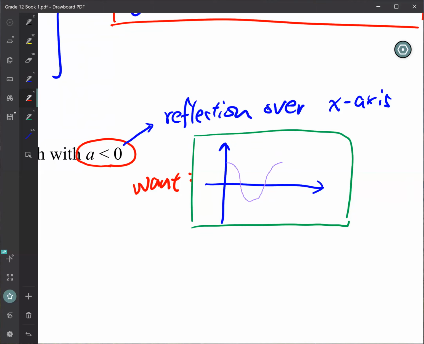Yeah. But we want a cosine that has a reflection over the x-axis. Oh, I had to draw that. Yeah, you've got to draw what you want to find, right? Otherwise you will be off. Yeah, you have to follow the question.